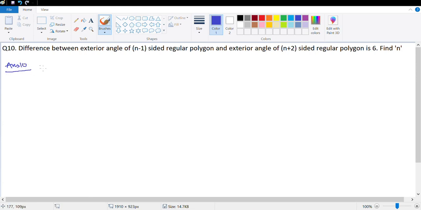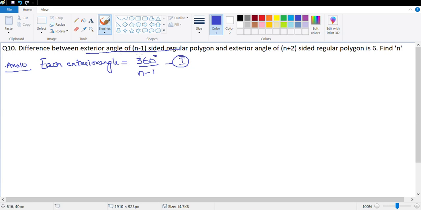So this is the exterior angle of an n minus 1 sided regular polygon. So each exterior angle would be equal to 360 degrees upon the number of sides, in this case n minus 1. So that's the first equation.